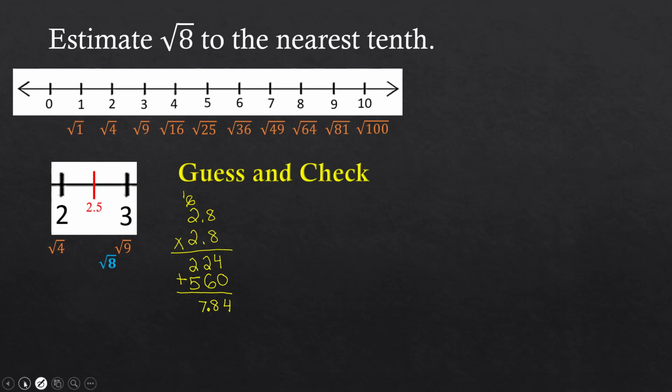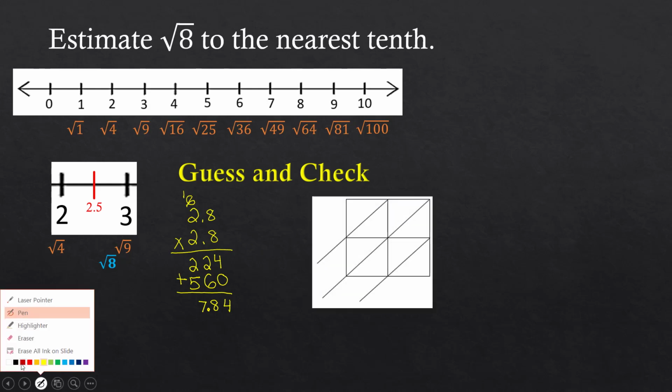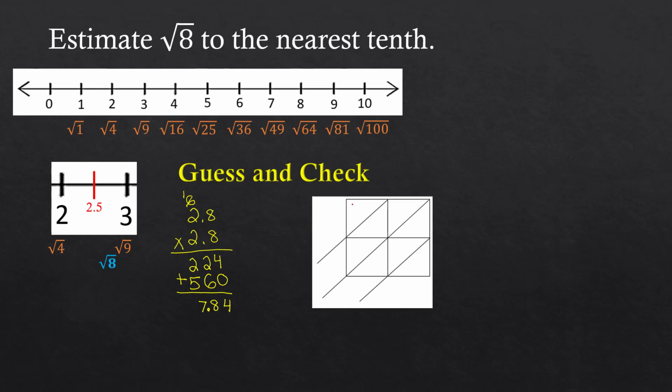If you're a lattice multiplier, I can show you the same way. I'm just going to change my pen color here to make it easier to see. So if I have 2.8 times 2.8. All right, so 8 times 2 is 16. 2 times 2 is 4. 8 times 8 is 64.